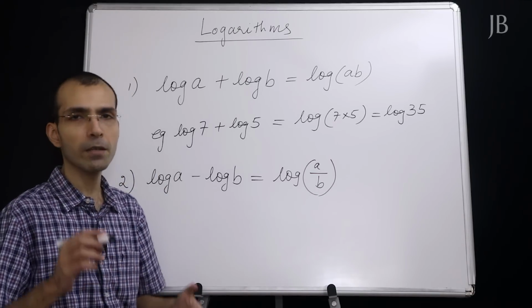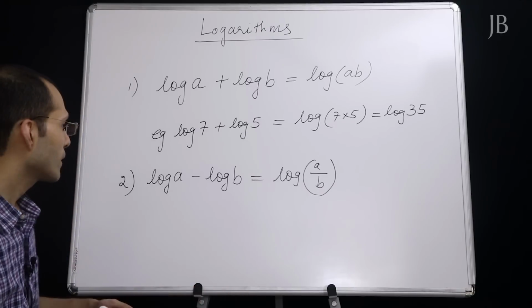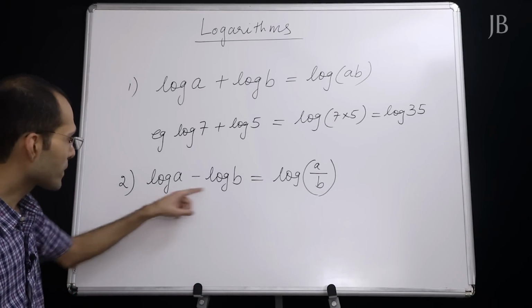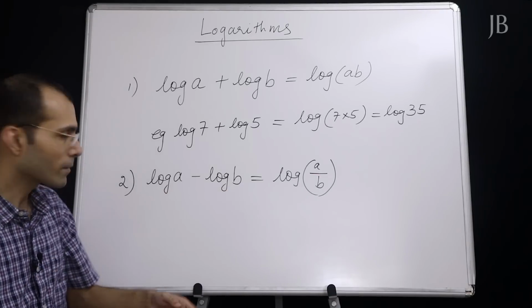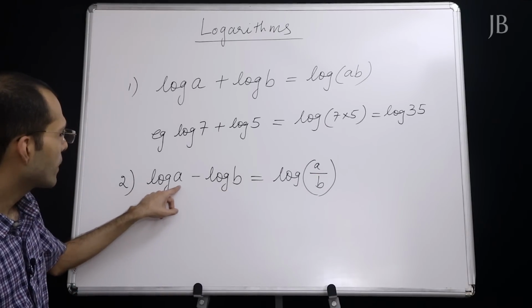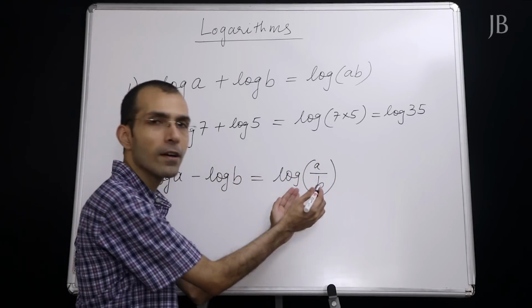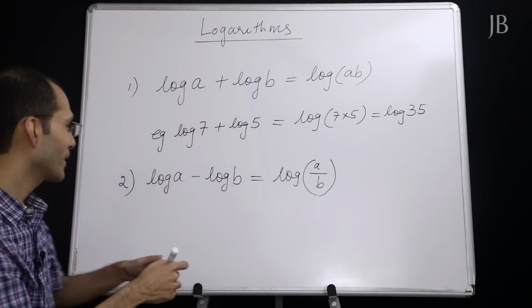First time when you are doing this, most of you will make this mistake. But you see how you can minimize this. Observe this actually, use power of observation. Log A minus log B will be log of A by B.